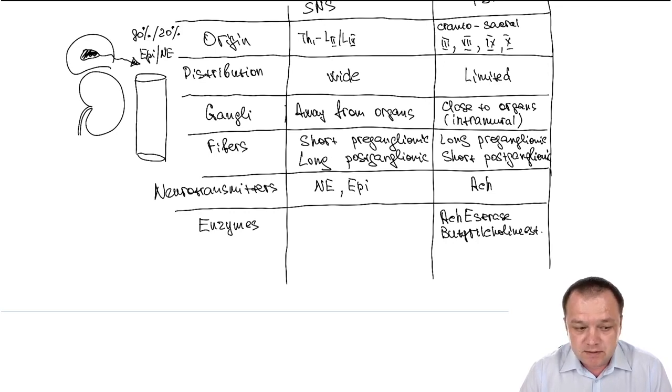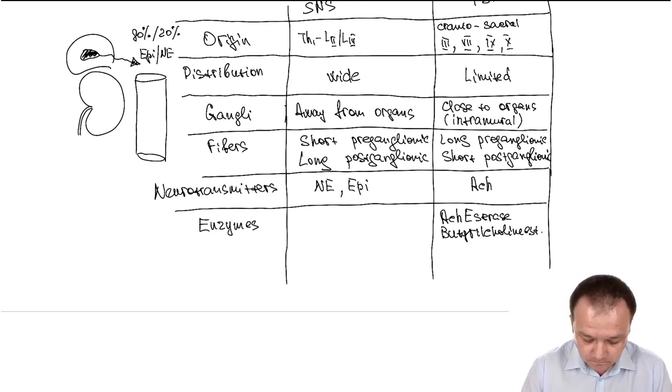Genetic abnormalities related to deficiency of this butyrylcholinesterase manifest in long action of succinylcholine. If it usually acts around 5 to 10 minutes, in case of deficiency, effects of succinylcholine may last hours. And this is important to know.